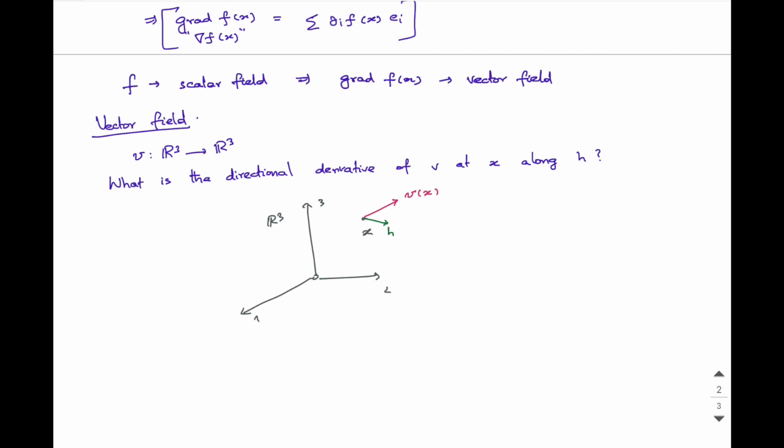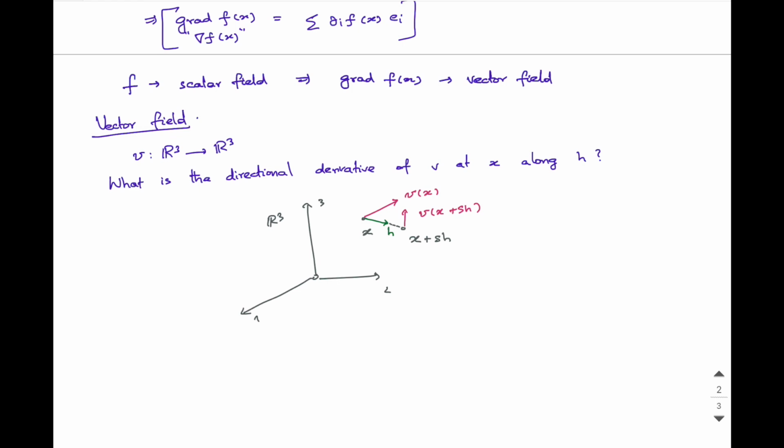Let's say I move to this point, some x plus sh. At that point the vector field could have some other value, v of x plus sh. So what the directional derivative tells me is, can I compare the vectors at different points and tell how the vector field changes.